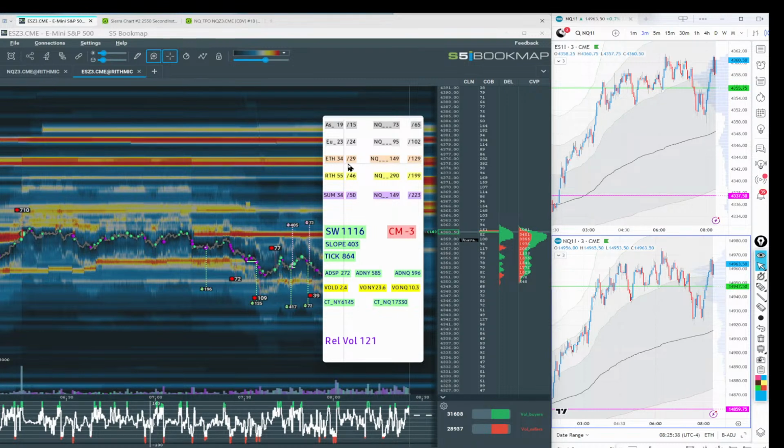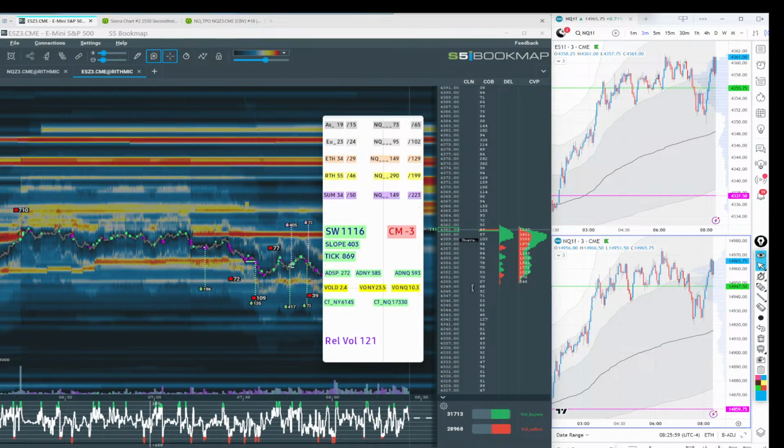So we're above average for the ETH session, but that is no great surprise when you have a major economic release. The RTH numbers are yesterday's because we haven't got to RTH yet. The sum is the sum total of everything. In other words, we've got 34 over a potential of 50, including the about-to-be RTH.